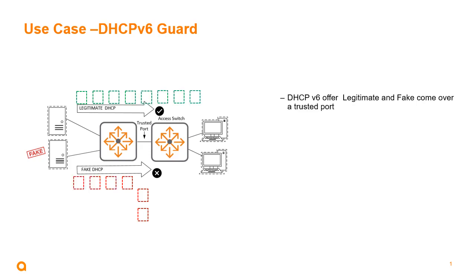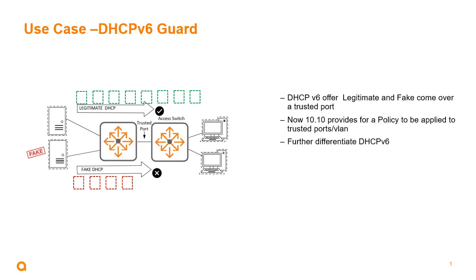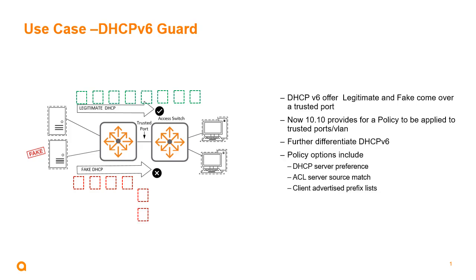Now 10.10 provides for a policy to be applied on a trusted port or VLAN. To further differentiate the DHCPv6 on the trusted ports, we use policy options which include a DHCP server preference, an ACL which can recognize the server source and match on that, and also client advertised prefixes.